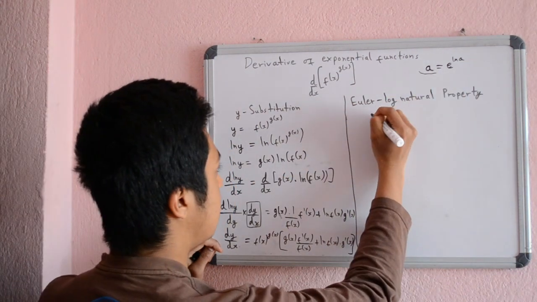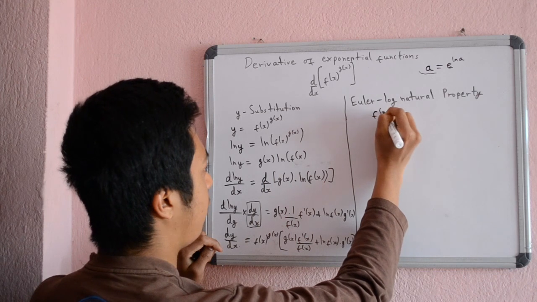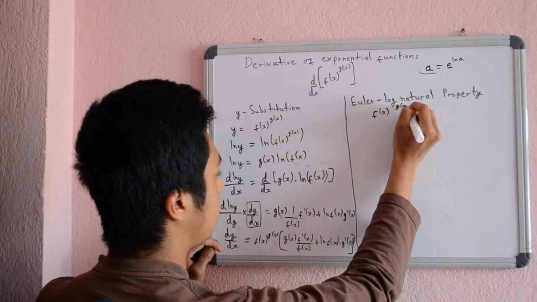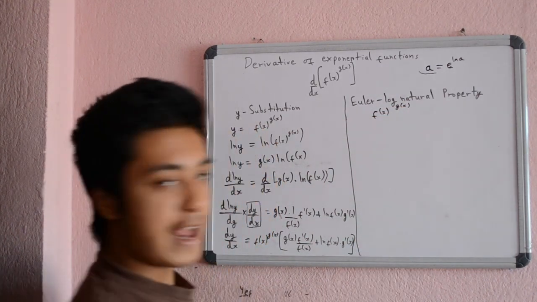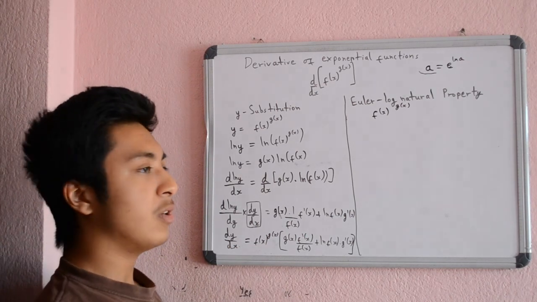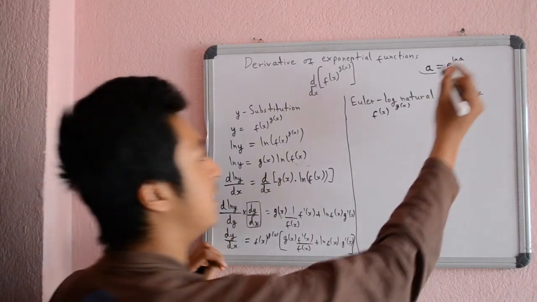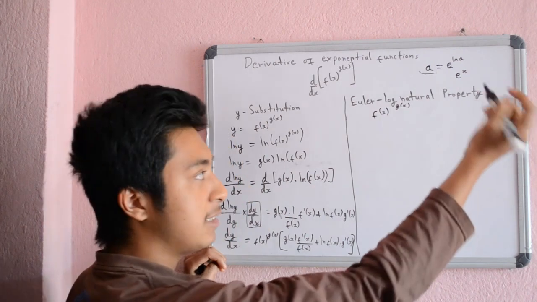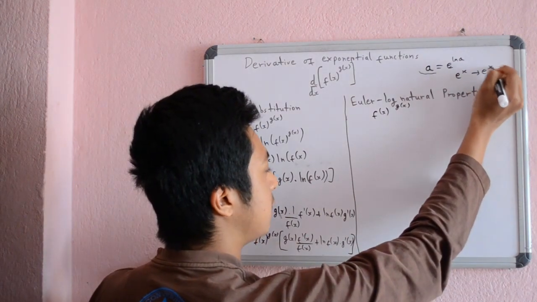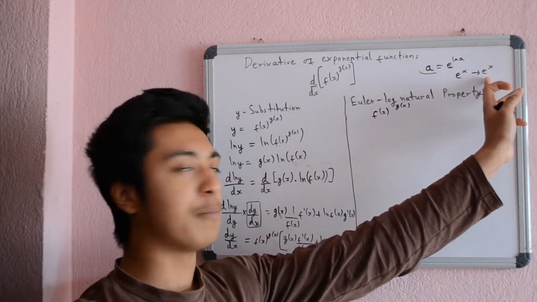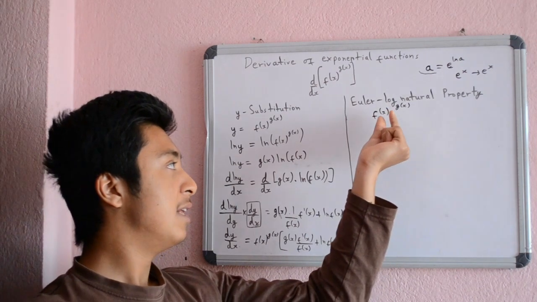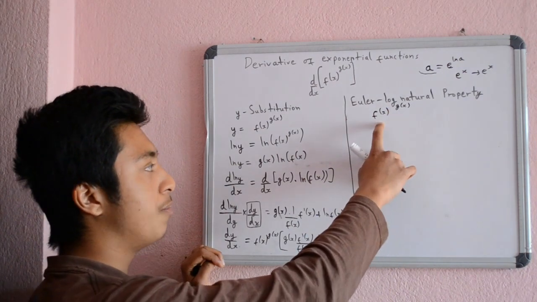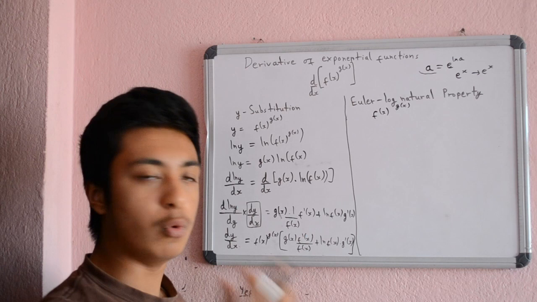So that means we have f(x) to the power of g(x). And you also know that the derivative of e to the power x is simply e to the power x, and we want e to the power of something over here. So let's look at f(x) for now because g(x) is already in the power.